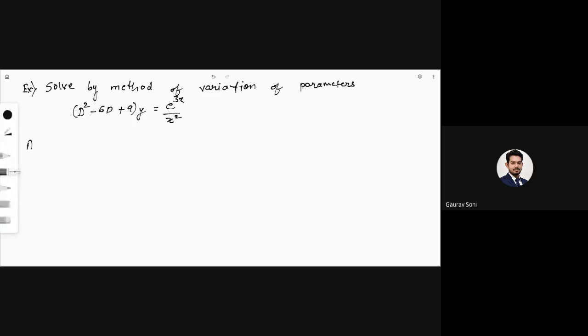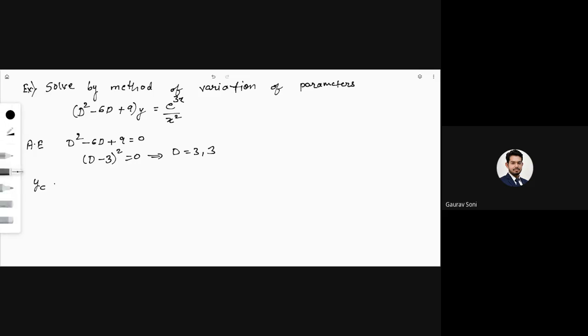Auxiliary equation for this is simply D squared minus 6D plus 9 is equal to 0. So the roots of this are, (D minus 3) squared equal to 0, so D is equal to 3, 3.